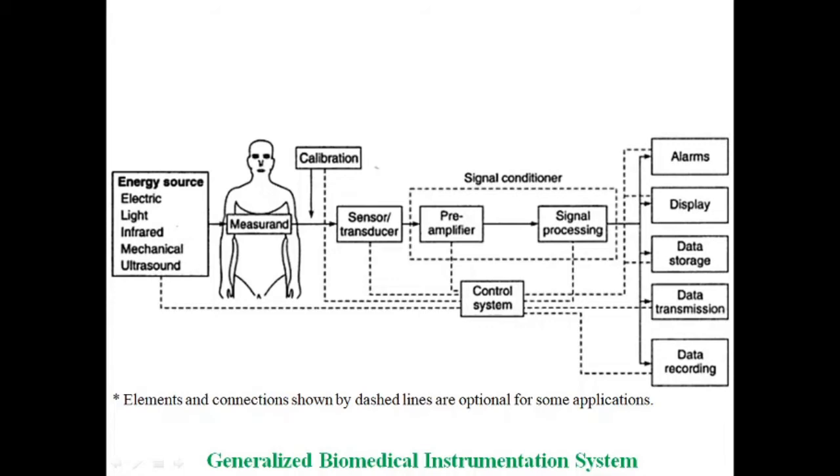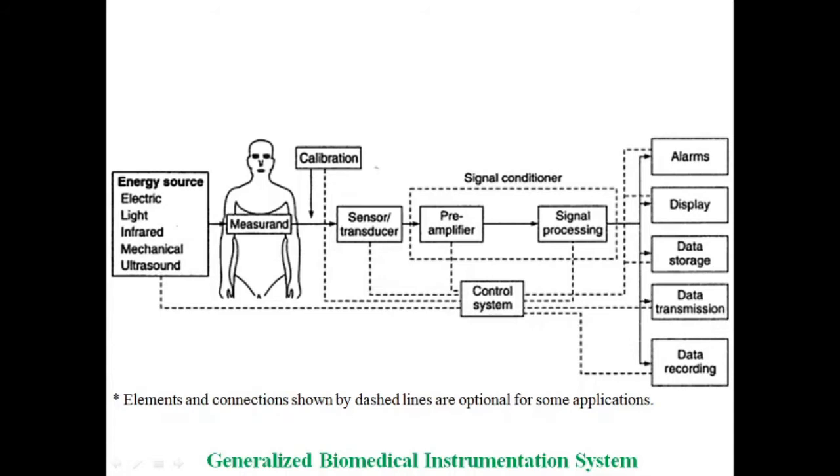As we saw, the sensor or transducer is useful for getting the value of the parameter of our interest, and thereafter comes a pre-amplifier.